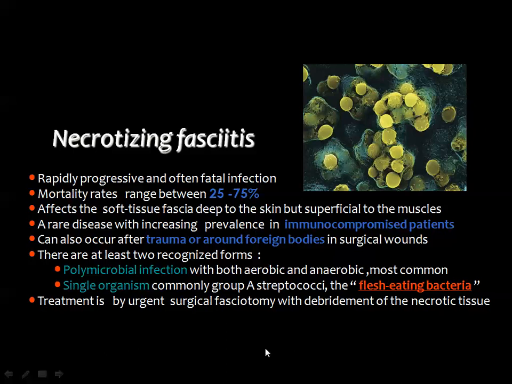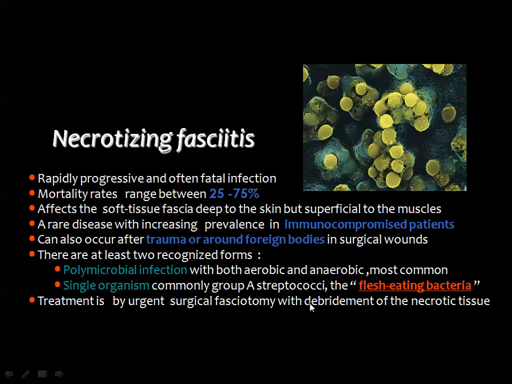This disease has a prevalence, of course, in immunocompromised patients, and it may occur after trauma or secondary to the presence of foreign bodies, maybe retained during surgery, for example.